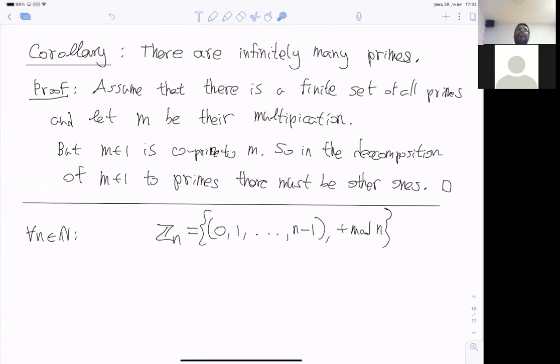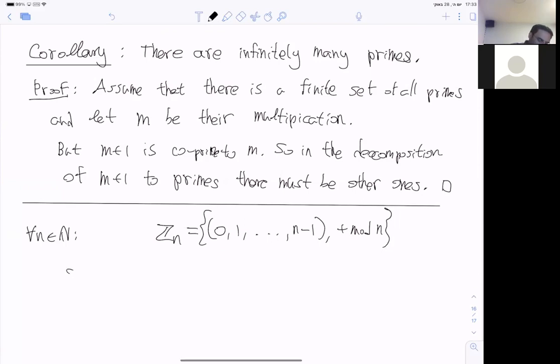Now, suppose we want to consider not the operation of plus modulo n, but multiplication modulo n. And we want it to be a group. So of course we have to remove 0 because it's not invertible. I mean, all elements in groups are invertible. But it's not enough to remove the 0.